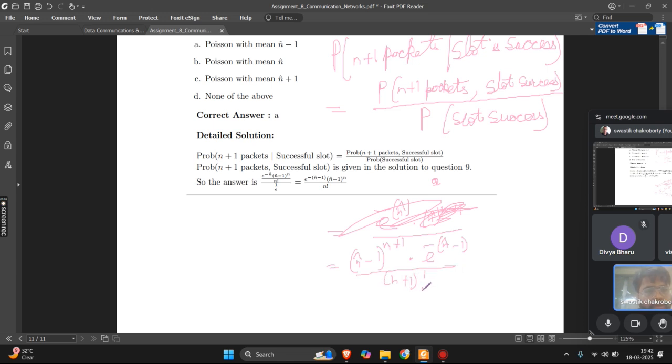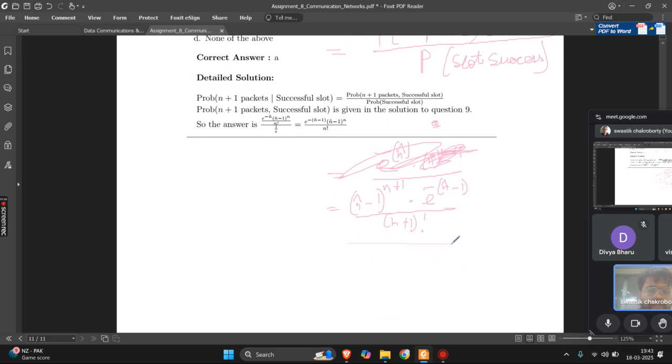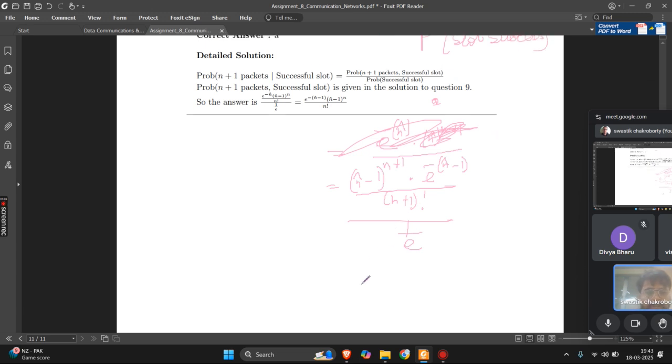This is the probability of n plus 1 packets and a successful slot. Now this will get divided by 1/e, which is the probability of a successful slot.